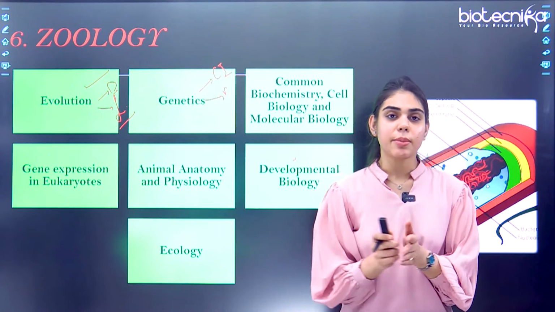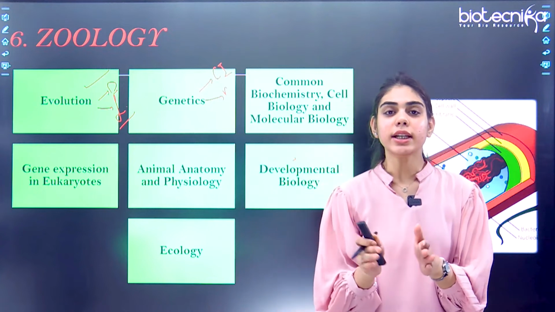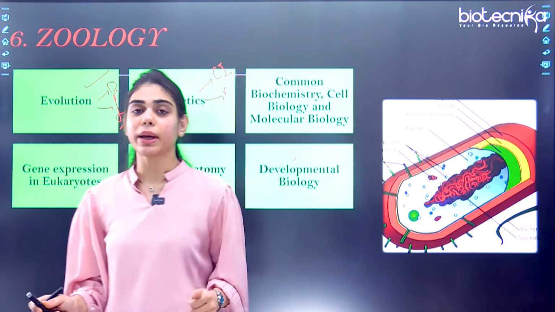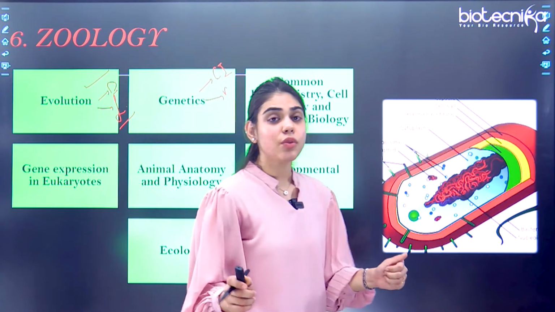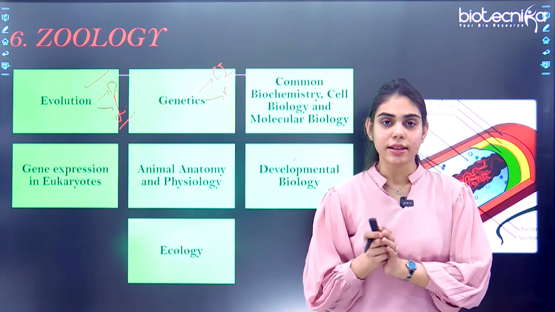They also ask about common biochemistry that we have already covered earlier. Cell biology, like prokaryotic and eukaryotic structural differences, what are sorting mechanisms, how co-translational and post-translational sorting happens, what is the signal sequence for the different types of organelle transport.